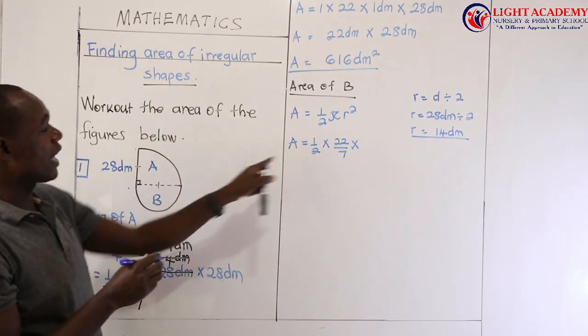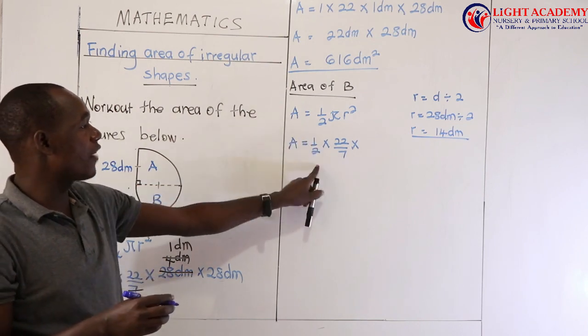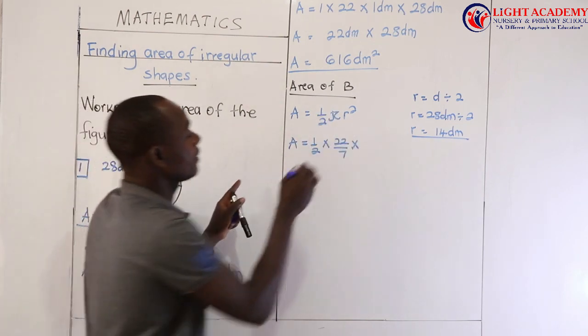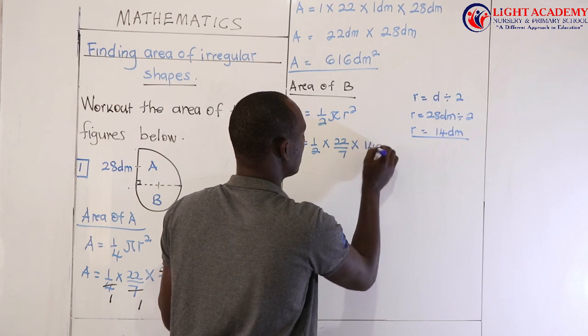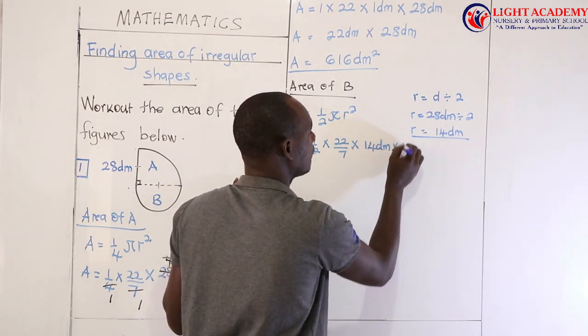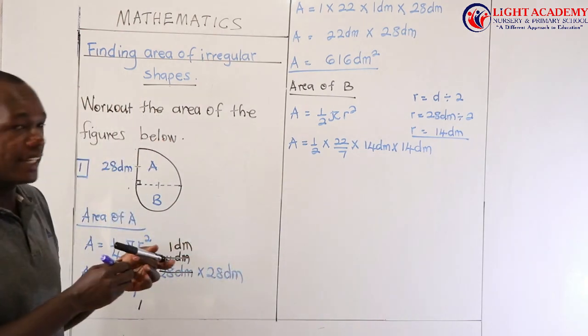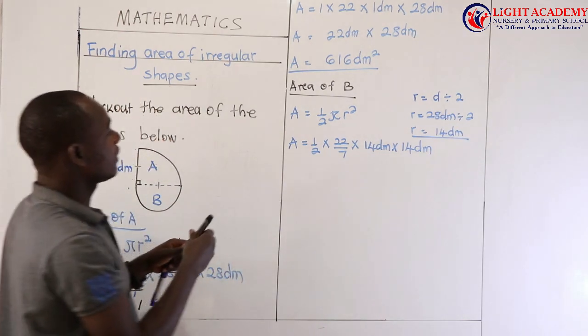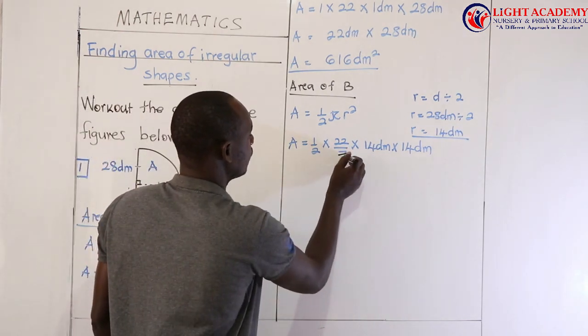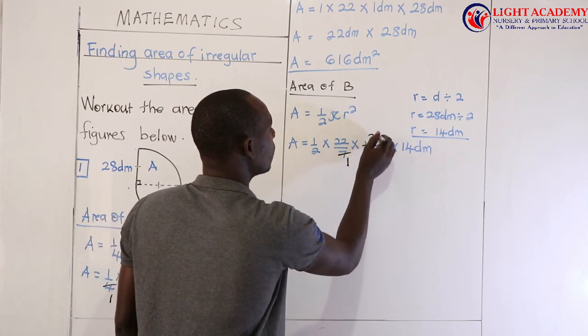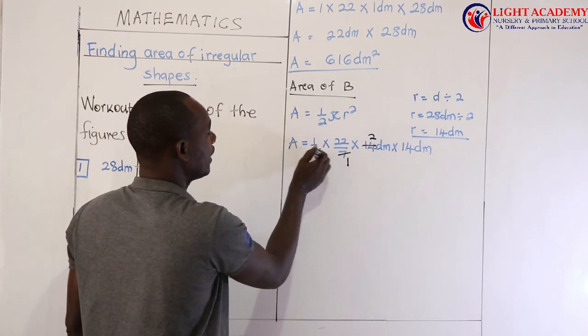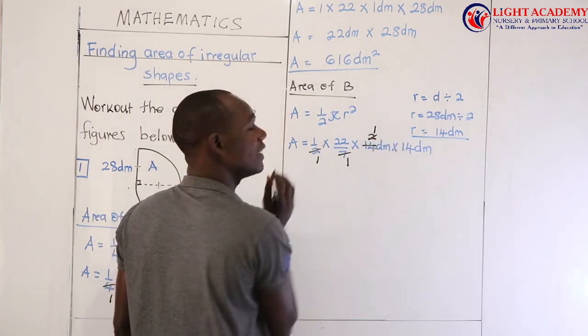So from this point now we can continue and say this was a half times pi, now times the radius, which is 14 decimeters, times another radius, which is 14 decimeters. From this point we can now reduce. You can now say this is by 7 is 1, by 7 is 2 decimeters. Then by 2 is 1, by 2 I remain with 1 decimeter.